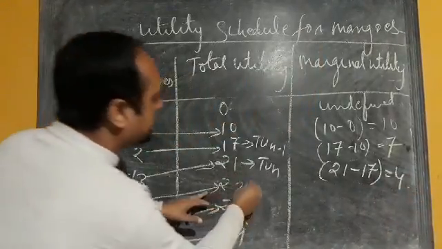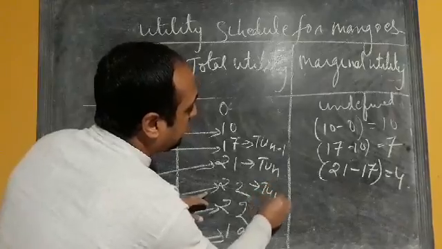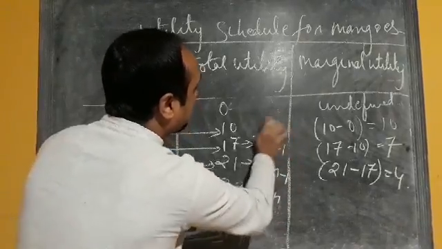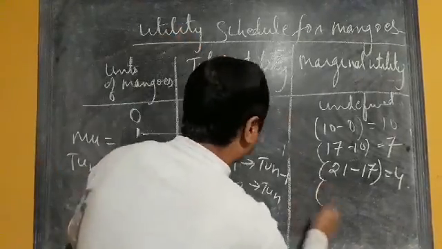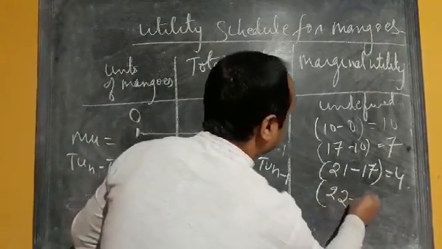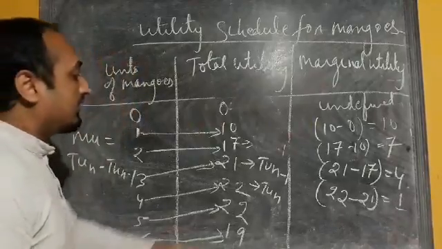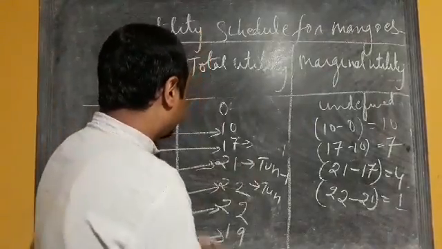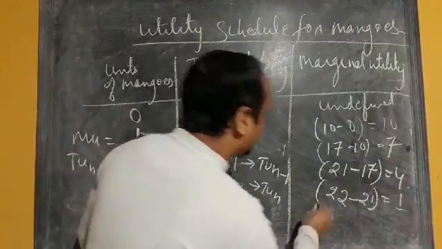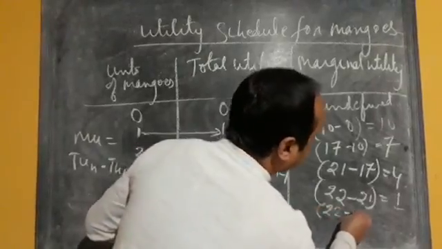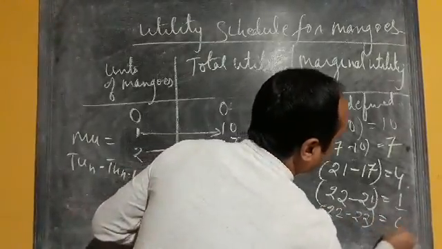Next, again this will be our TUn, and this will become TUn-1. So here 22 minus 21. Here we'll get 1. Now in the same way we have to move. So for the fifth unit, we have 22 minus 22 equals 0.